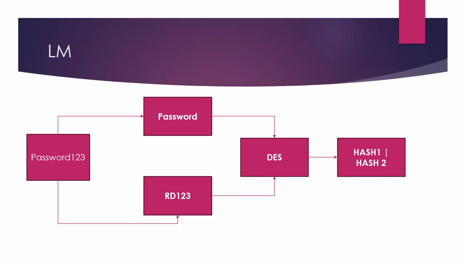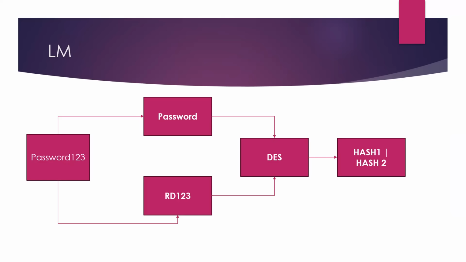It then uses the DES algorithm. When this is done, it saves this hash value as the first hash, hash one, and hash two. You then save them together. So that is how it works for LM.